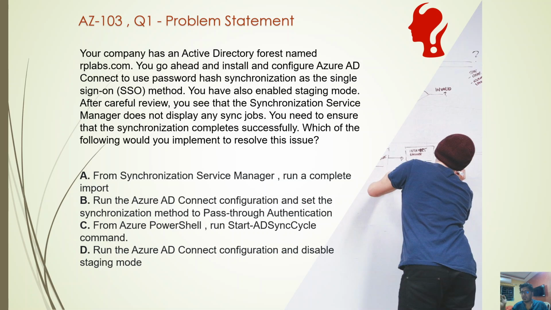Now when somebody is trying to log in to, for example, Office 365, you don't need to do a round trip to your on-premise AD. You can log in directly using the hash of the hash stored in the cloud instance of your Azure AD.